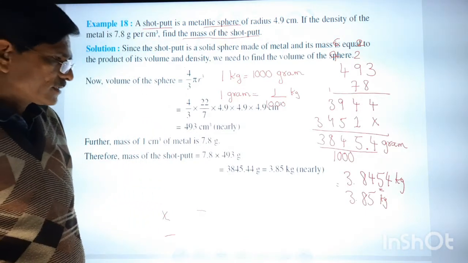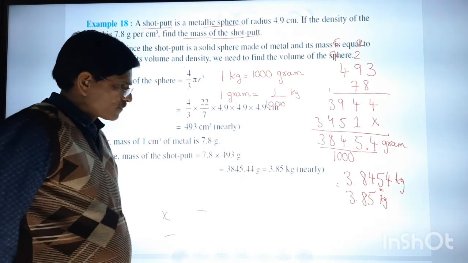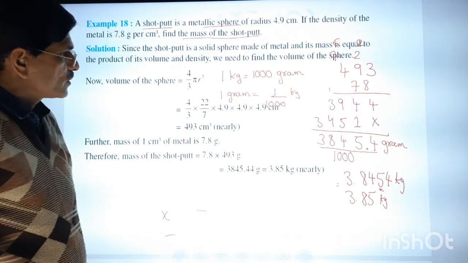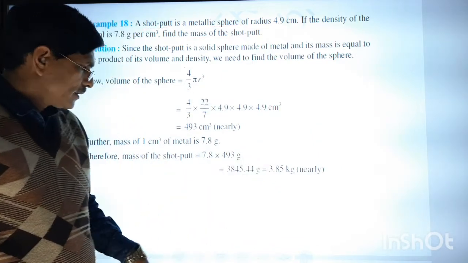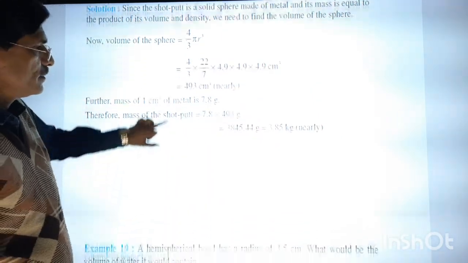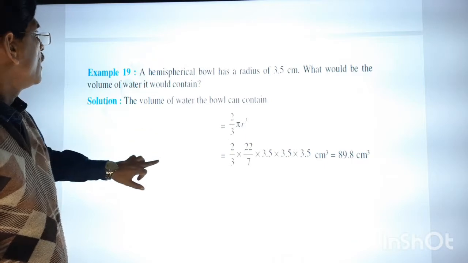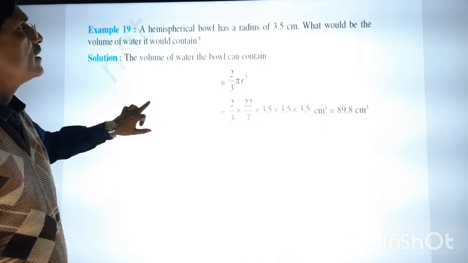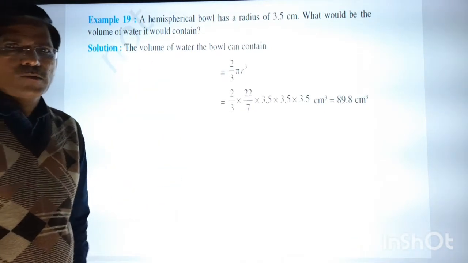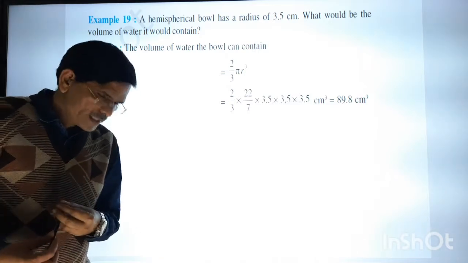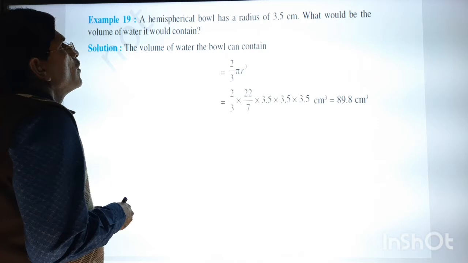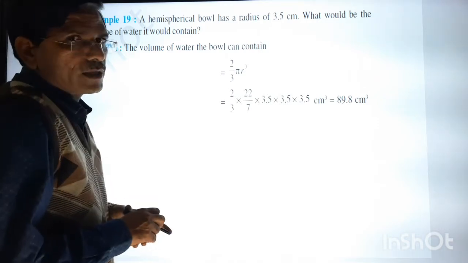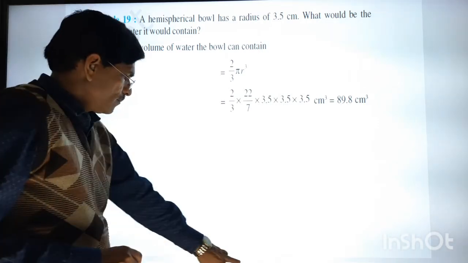So now one more example we have to see. Maybe such types of sums are possible. Now next example, it is related to the hemisphere. So we know that the volume of a hemisphere formula is 2 by 3 pi r cube.